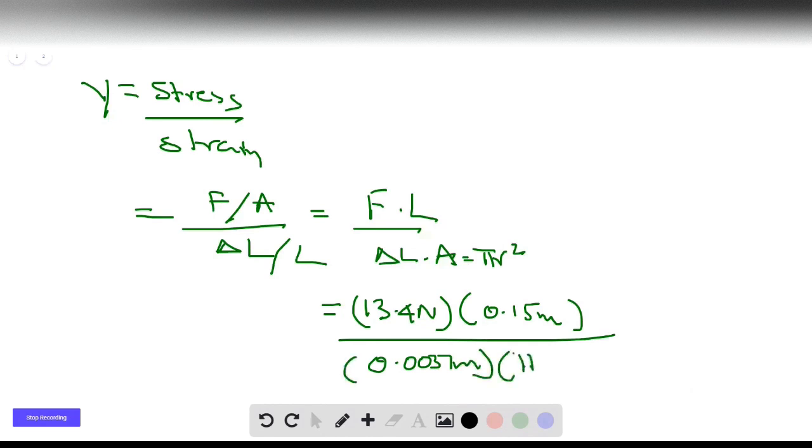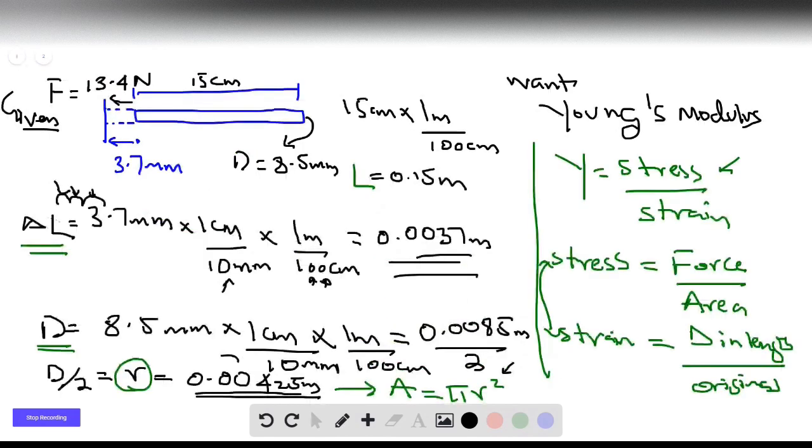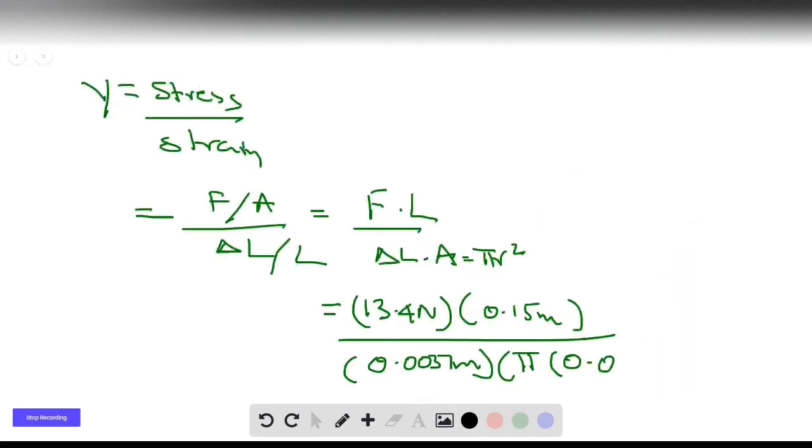And the area is pi times the radius, which is 0.00425 meters, and then that has to be squared to get the overall area.